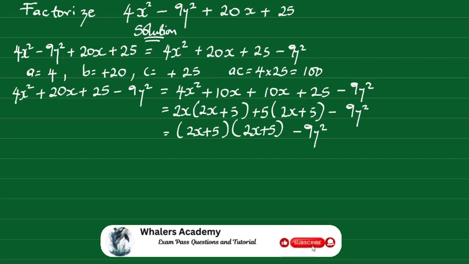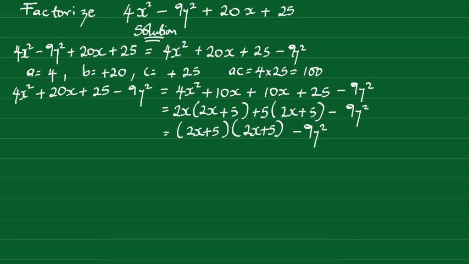squared. Now we notice that 2x plus 5 appears twice, hence we can rewrite our expression as bracket open 2x plus 5 bracket close squared minus 9y squared. Now quickly we notice that our expression resembles that of a difference of two squares.